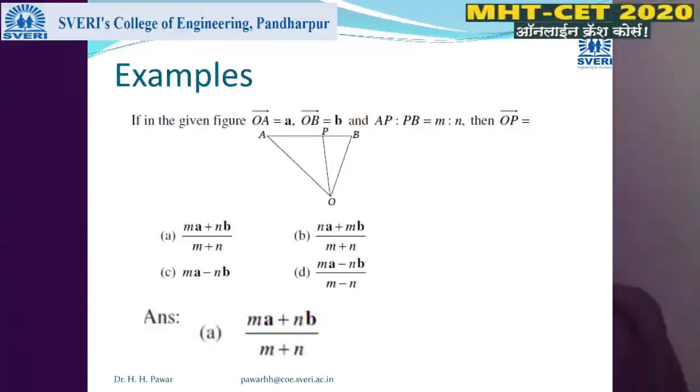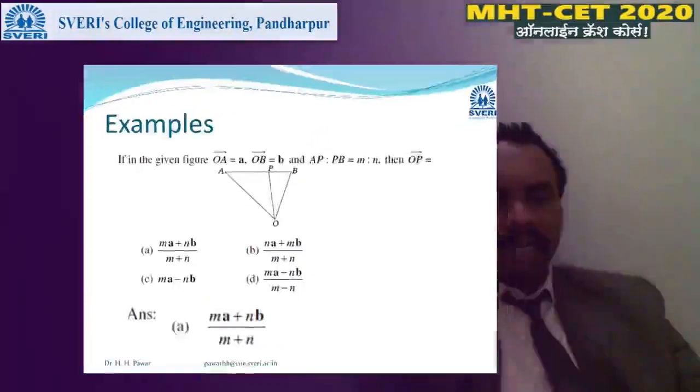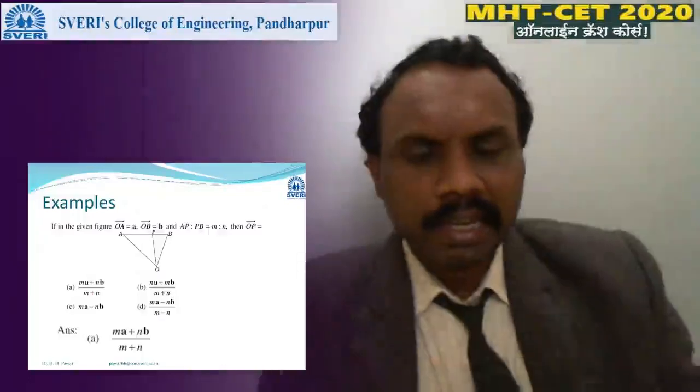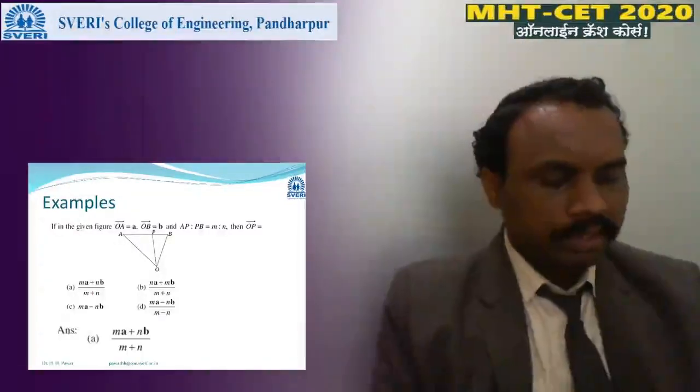In this case, P divides AB internally in the ratio. So here we have to apply the section formula for internal division, which definitely gives us m a plus n b divided by m plus n. So option A is the obvious choice for this.